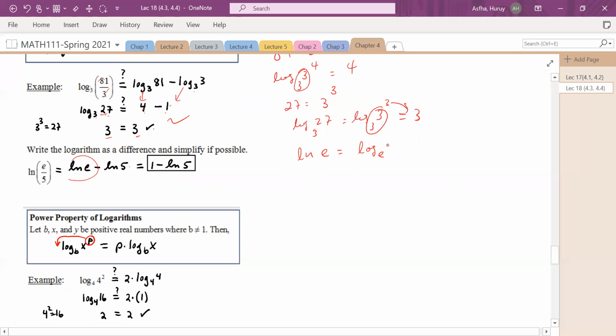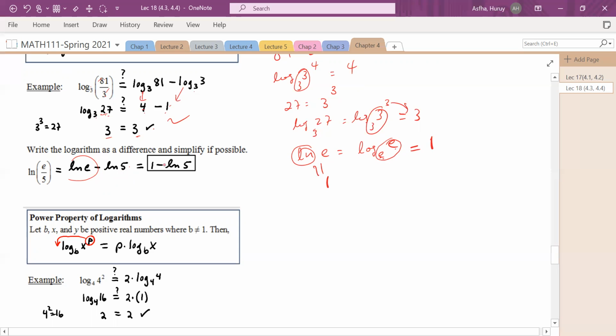That ln means the base is e. And in this case, you can see these two are the same. The argument and the base are the same. And when the base and the argument are the same, then this is 1. So ln e is always 1.